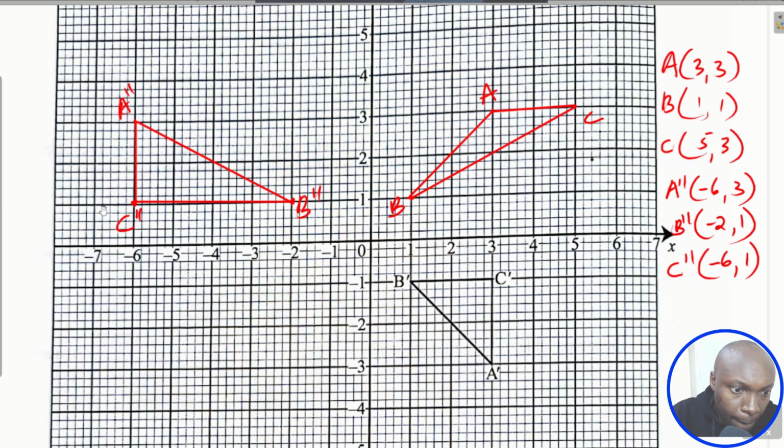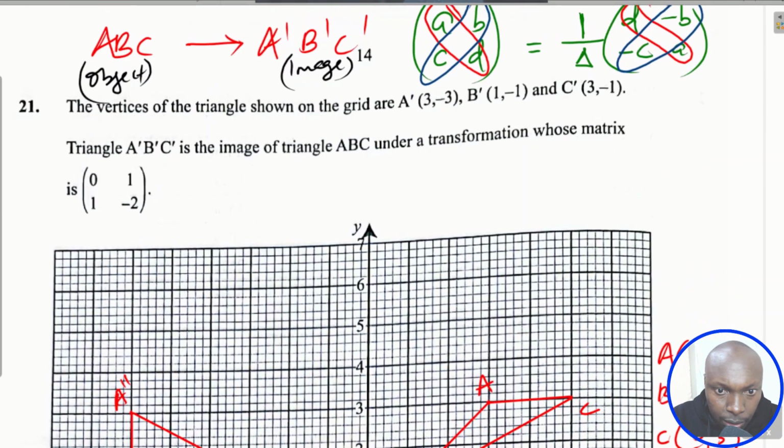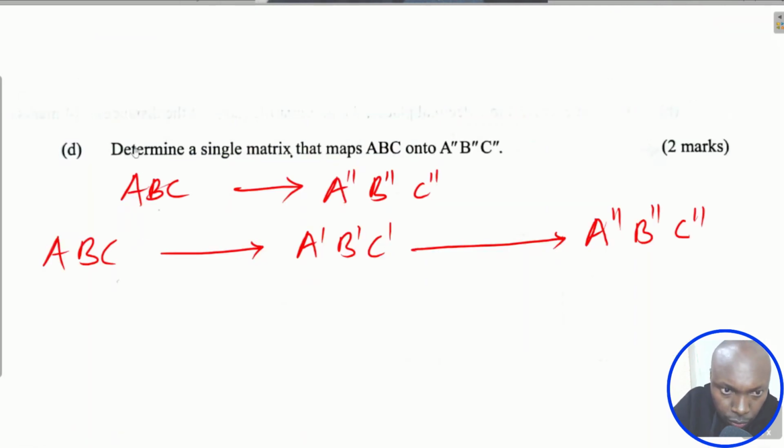So the matrix was 0 1, 1 negative 2. We can call that matrix M. The matrix that mapped triangle ABC to A prime, B prime, C prime was 0 1, 1 negative 2.